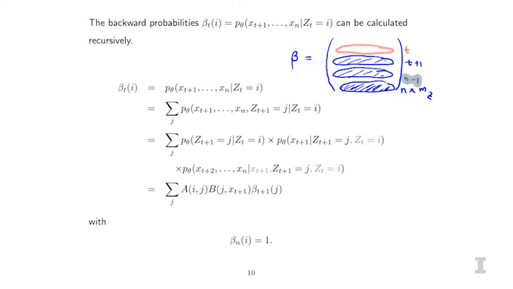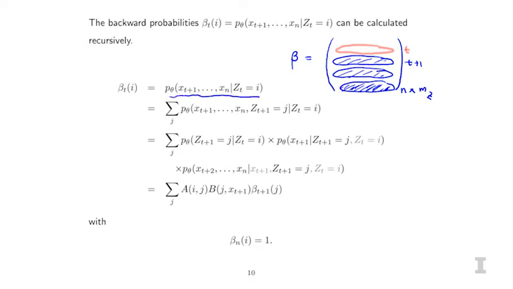Now suppose we have already calculated all the entries for the beta matrix till row t plus 1. Then let's talk about how to fill in the entries at row t, which is this pink row.